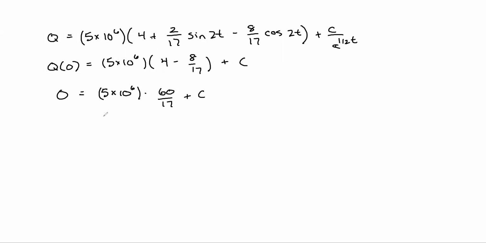And if we swing that over to the other side, that's going to turn into 300 times 10 to the 6th 17ths equals c, and we make it negative.